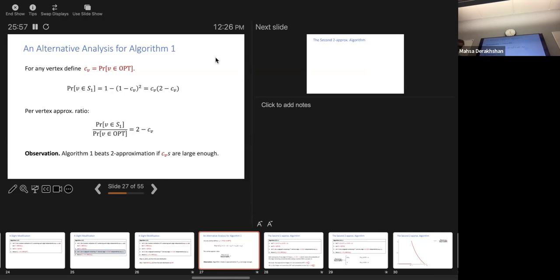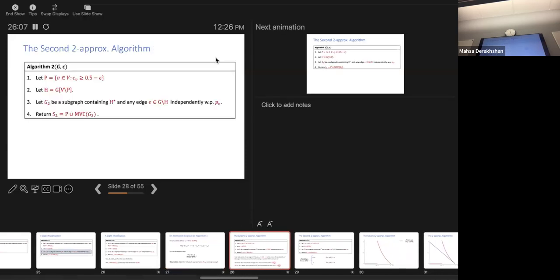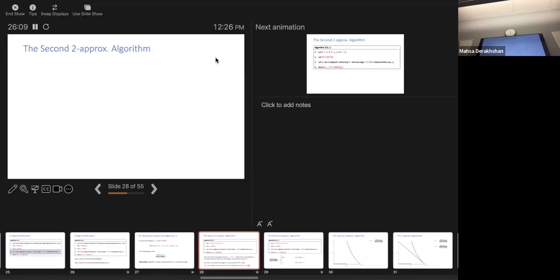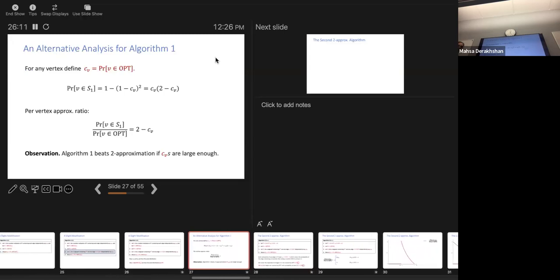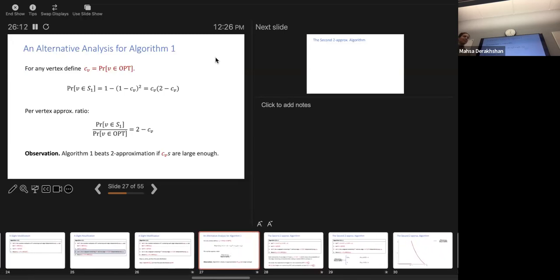So now, based on this intuition, we're interested in designing an algorithm that has good performance if CVs are small. Sorry, but isn't there some vertex sparsification that allows you to assume CVs are large? Large is usually a constant, right?